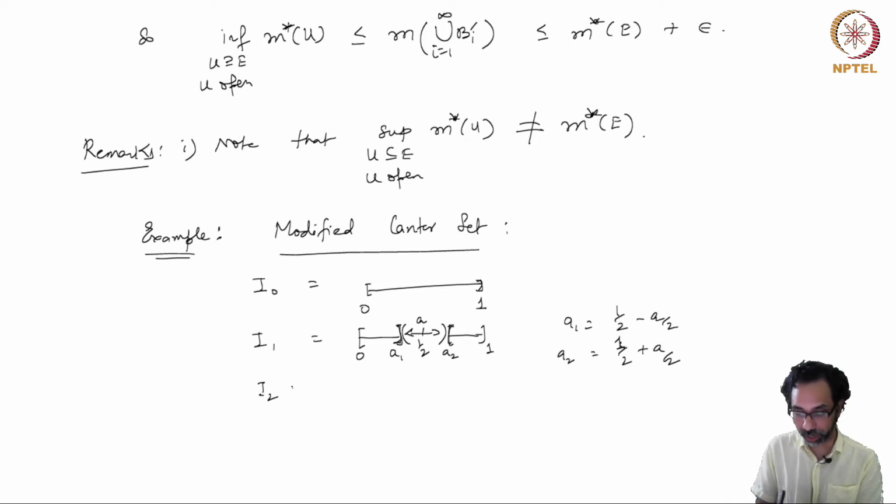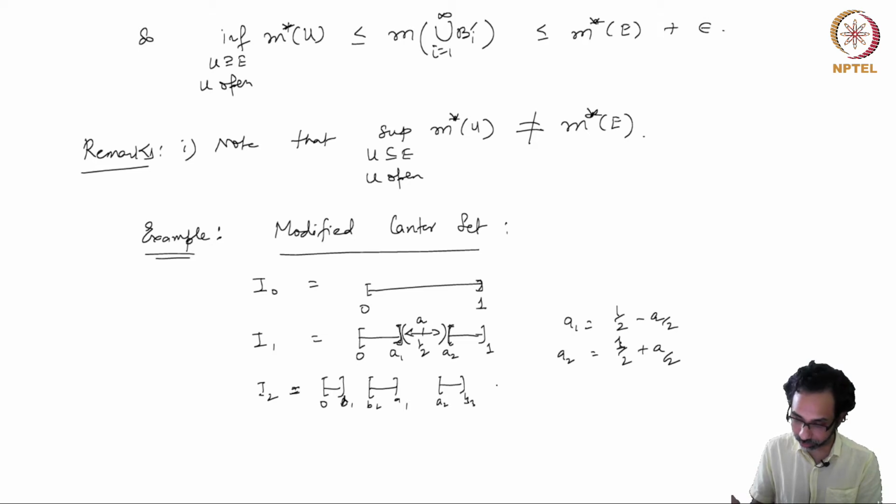Here at the second stage we are going to divide, so let me write B1, then B2 to A1, then A2 to B3, and then B4 to 1.